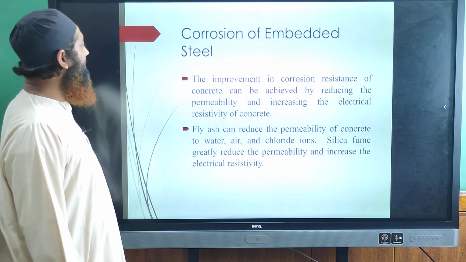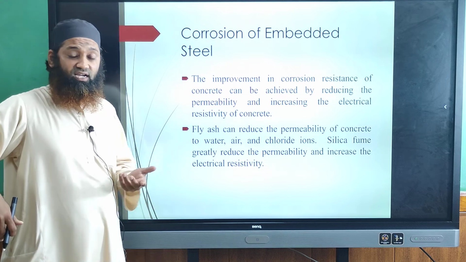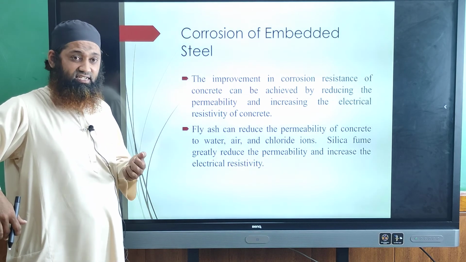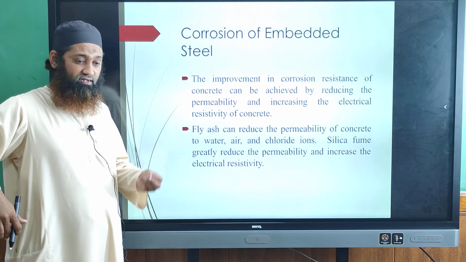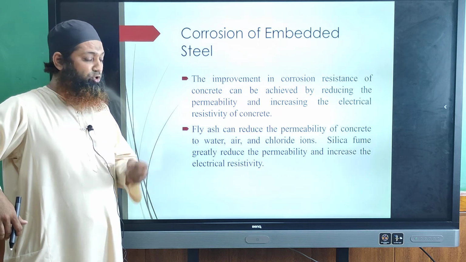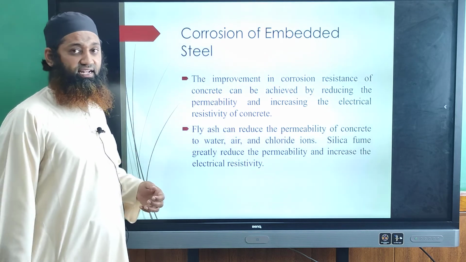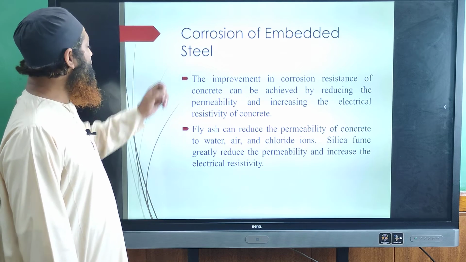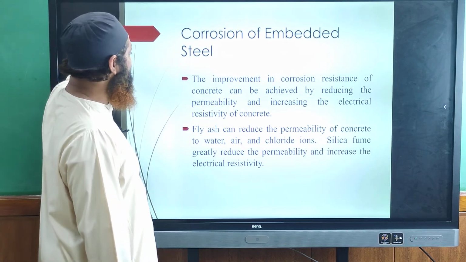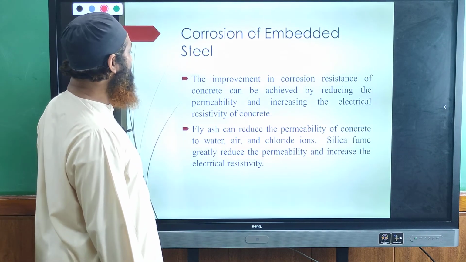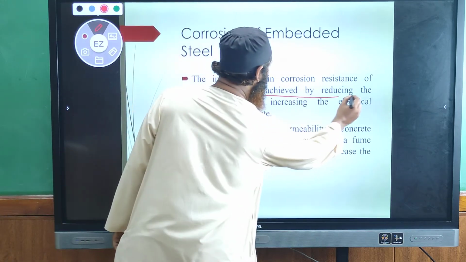Let us see corrosion of embedded steel. Now we'll have to check, do these resist the other attacks which come onto the concrete? Do these materials resist corrosion also? The improvement in corrosion resistance of concrete can be achieved by reducing permeability.